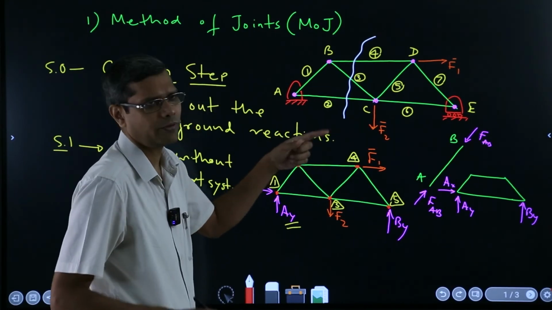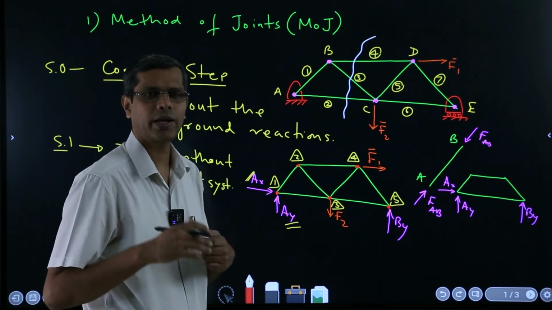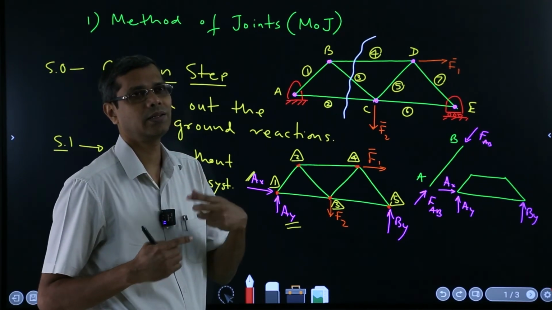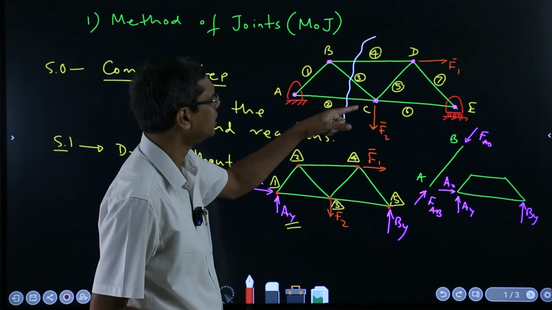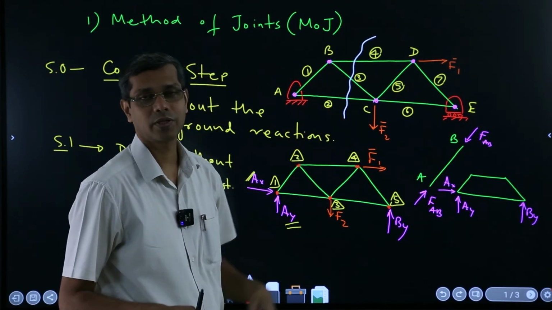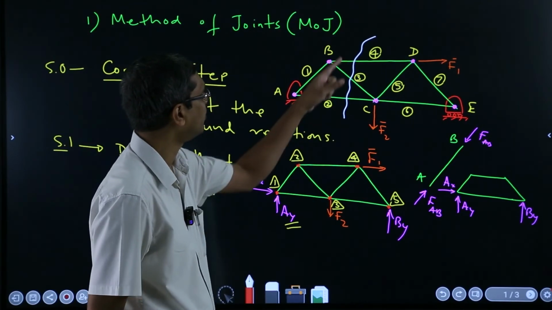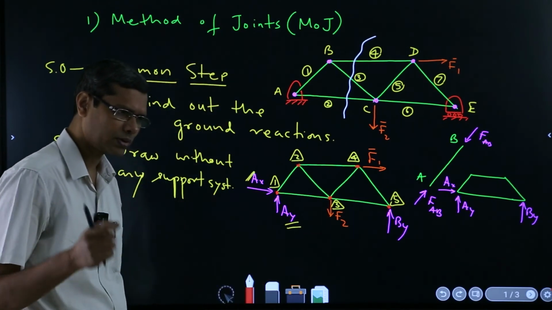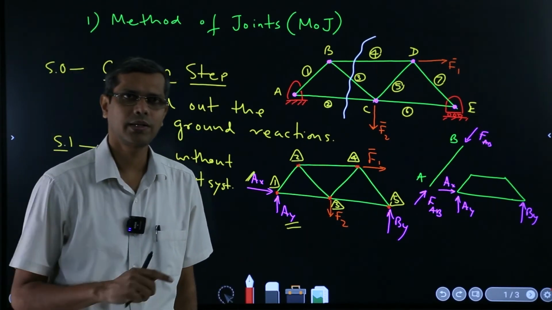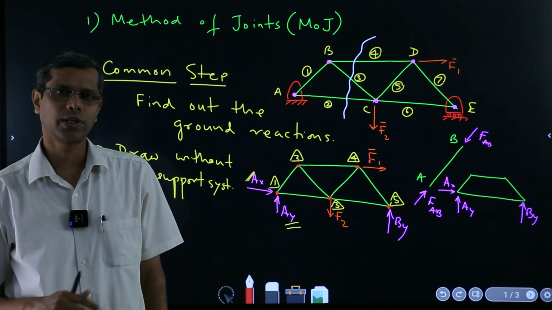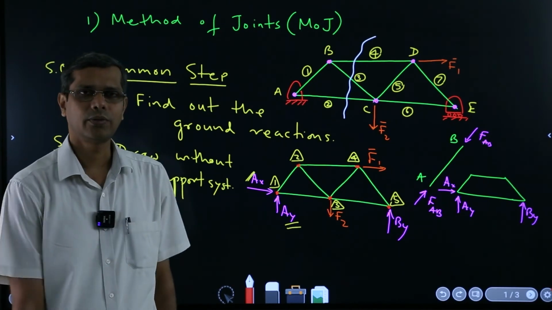But if you are interested only in some of the members, then the method of section is much faster, by which you can just choose a section judiciously so that you will not expose more than 3 unknowns, and then you can solve for that.